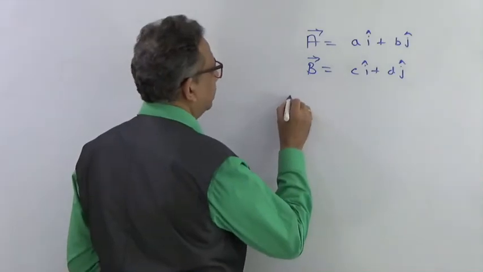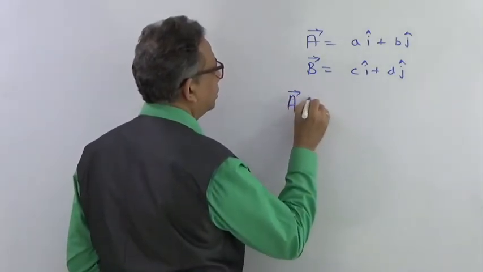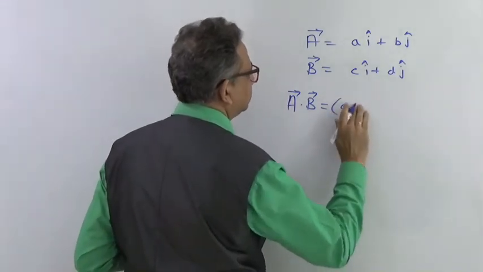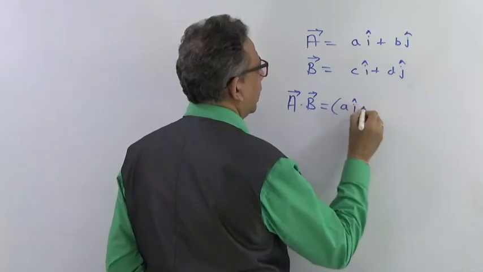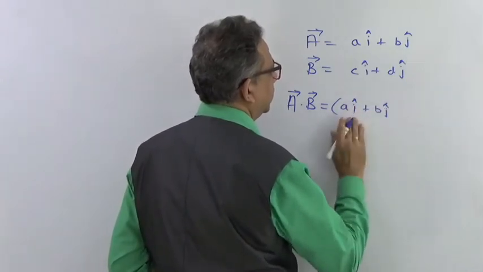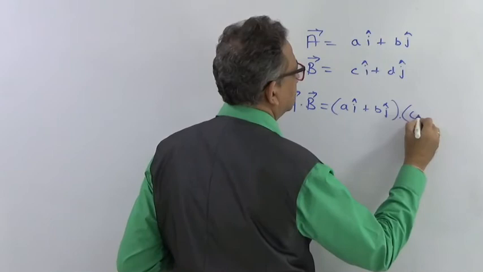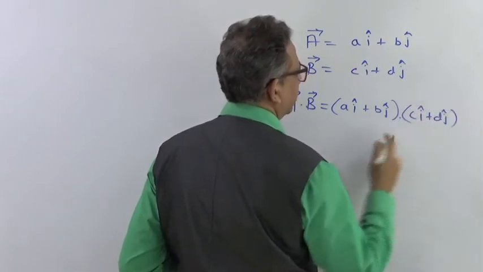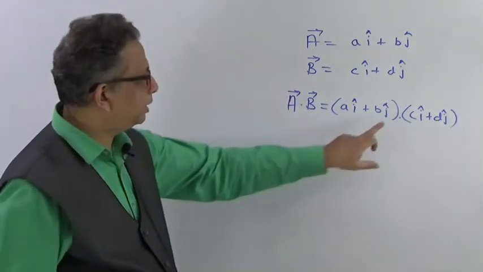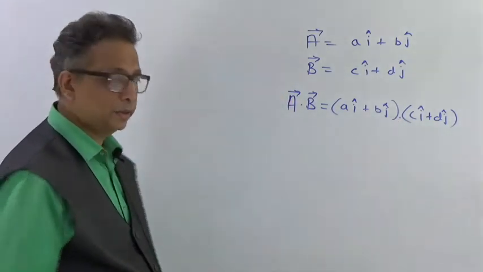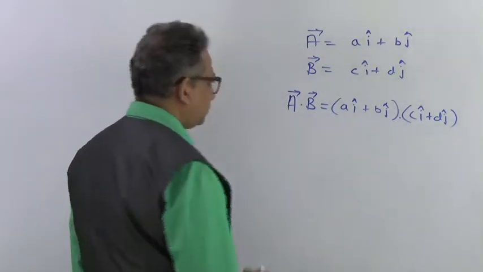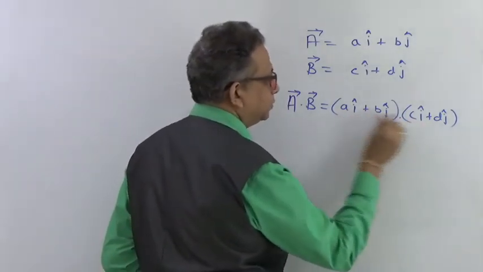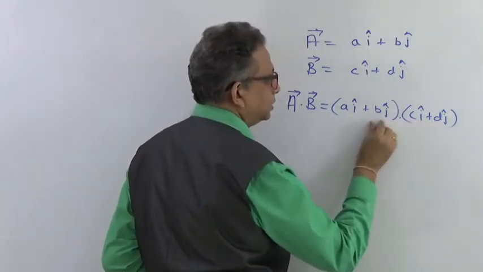So whenever we do the dot product of vector A dot vector B, it will be given as A i cap plus B j cap dot C i cap plus D j cap. Like our normal multiplication, only here there will be a dot given over here. Now I have to open the brackets and start multiplying this with this plus this with this, then this term with this term plus this term with this term.